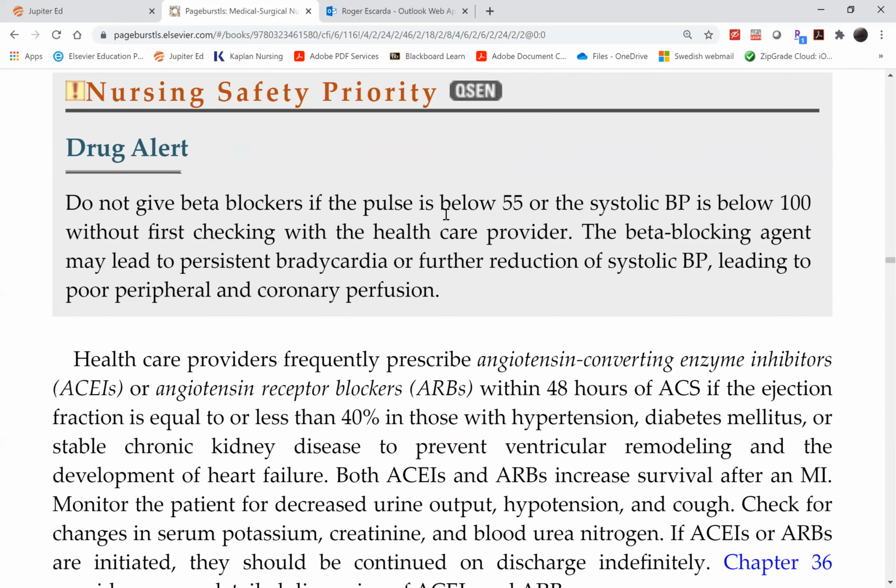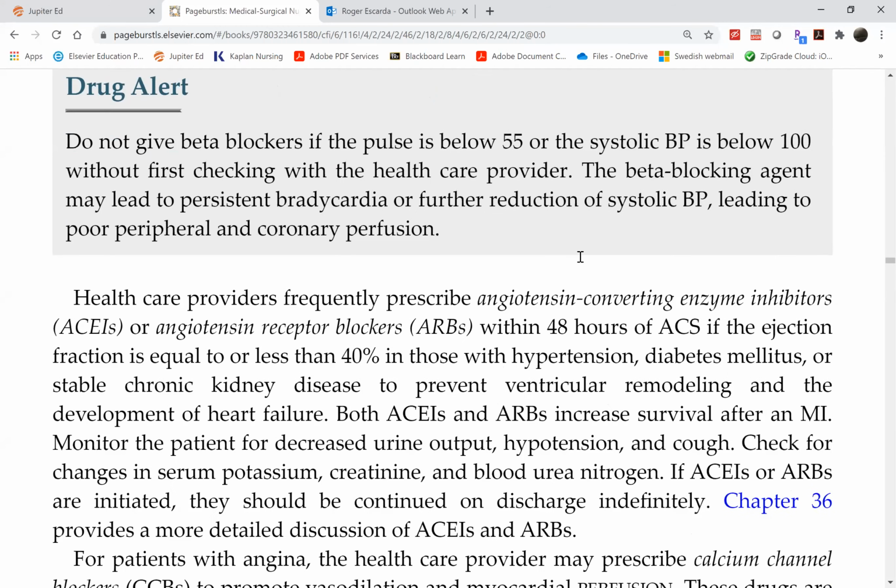Here's a drug alert for your beta blockers, because these patients will be given a lot of beta blockers IV. That'll be metoprolol, 25 milligrams each dose, usually every 8 hours, and then gradually we'll switch to every 12 hours.